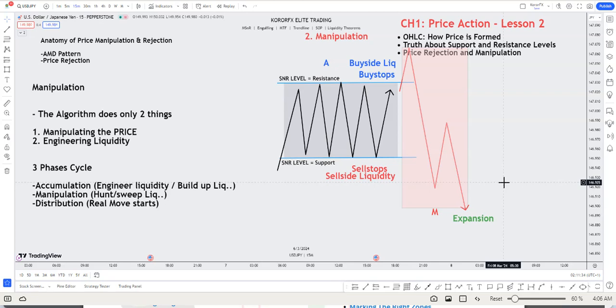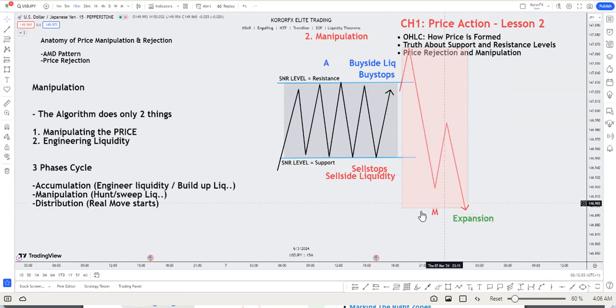So accumulation in this process, we start with some ranging. Price will range here. The reason that price is ranging here is to build the buy stops and sell stops above the market and also below the market. And when this accumulation phase is formed, the next thing that happens is manipulation.